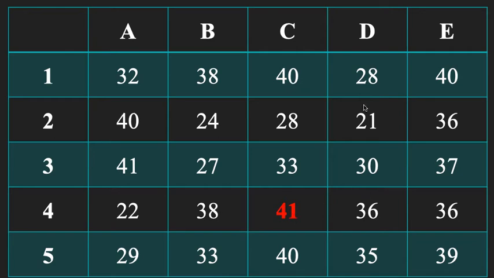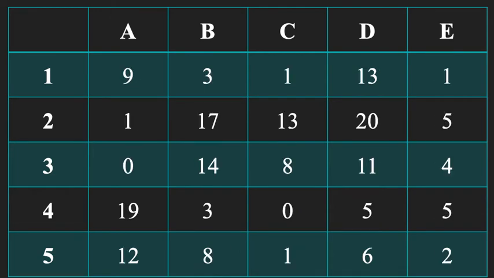Then 41 minus 28, it will be 13. Then 41 minus 40, we are going to get 1. Like this we are going to subtract all these elements from this highest element. When we do it, we get this matrix, and this matrix is the loss matrix.